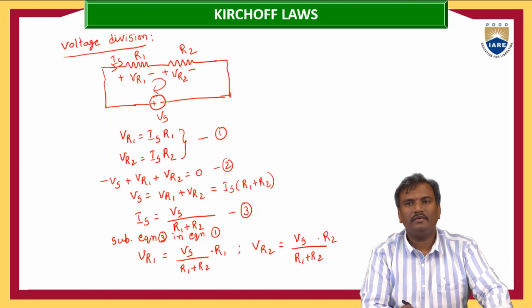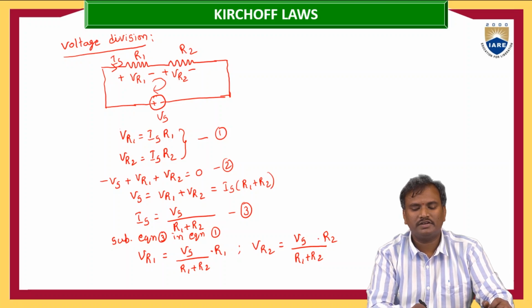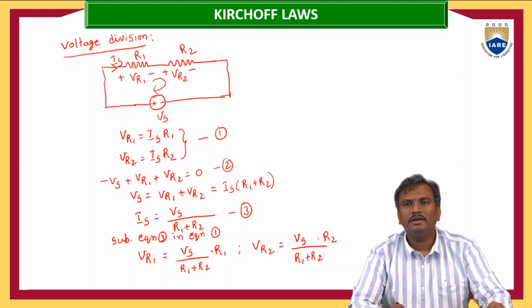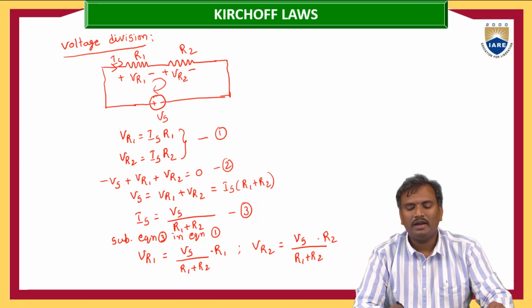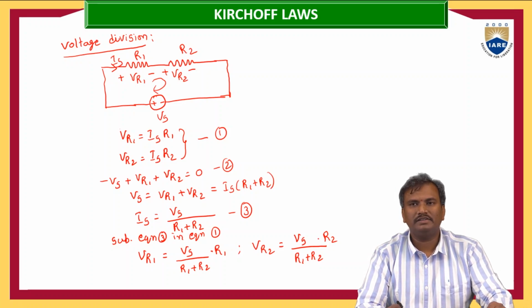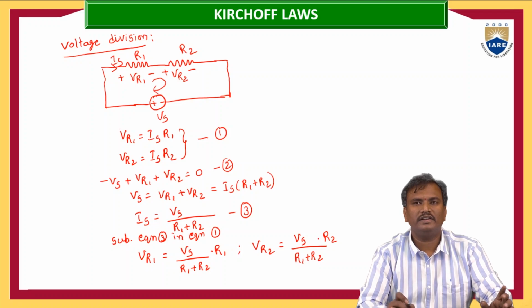This is the way we are going to get the voltage across each resistor. Vs into R1 by R1 plus R2 is the voltage across R1 resistance. Vs into R2 by R1 plus R2 is the voltage across R2 resistance.